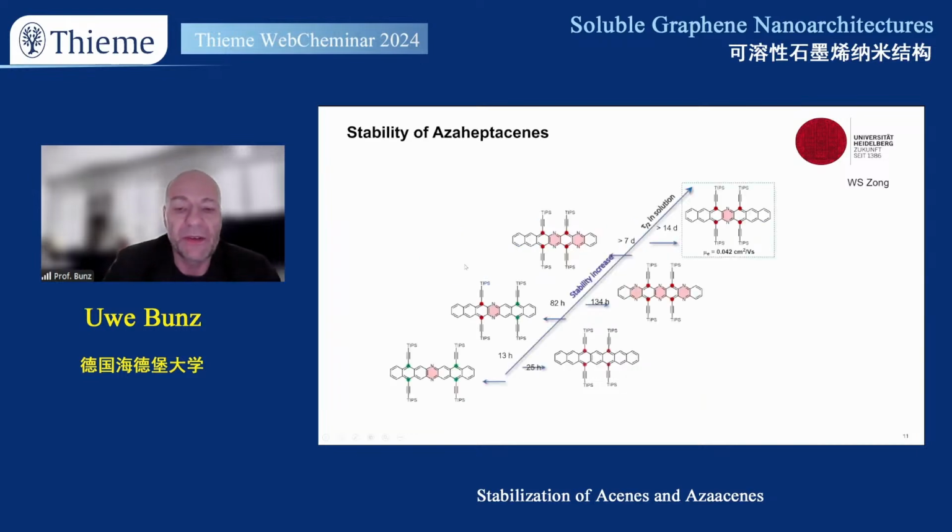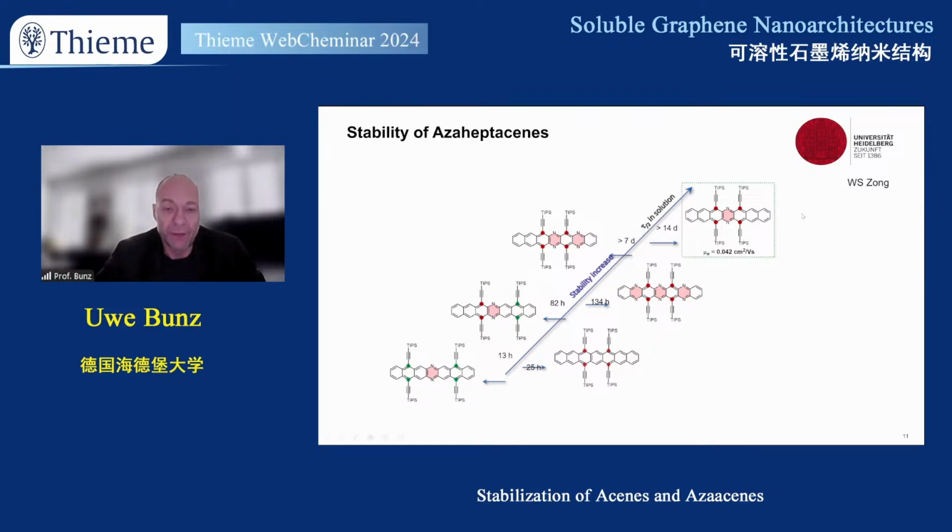What we can see, if we look at the stability, is that the most stable of all the heptacenes here is this diazaheptacene, which has a stability of larger than 14 days. It can also be processed into a thin film transistor with a moderate electron mobility.